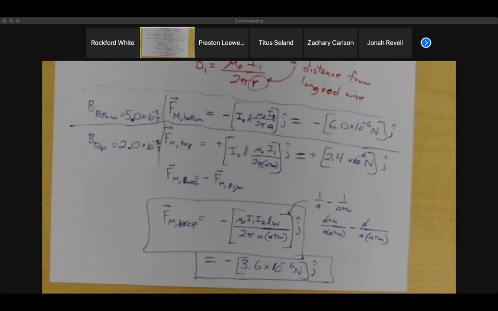Did I really do all the calculations right? I got 3.6 times 10 to the minus 6. Every once in a while, things happen without a mistake. I think that's correct.